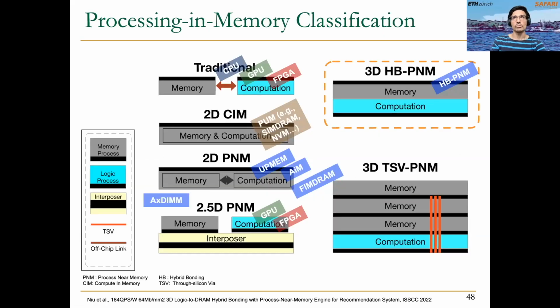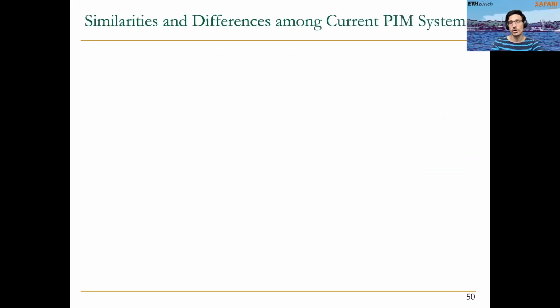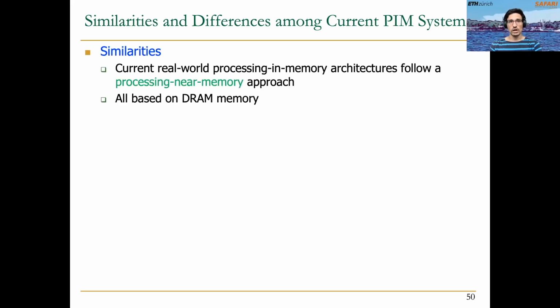Well, this is the processing in memory classification. As you may remember, the classification that we have in our book chapter, we can take as a summary of the different real-world processing in memory architectures that we have covered and are covering in this course. We can talk about the similarities and differences of the current PIM systems that we have discussed.